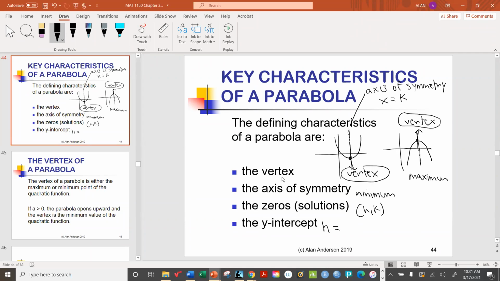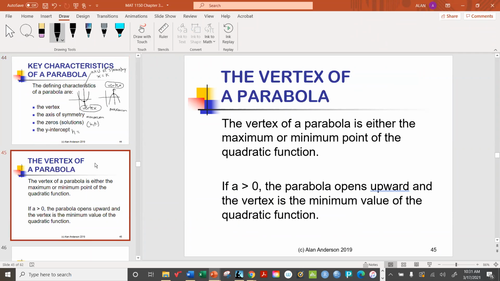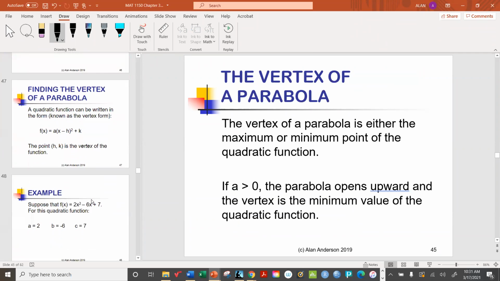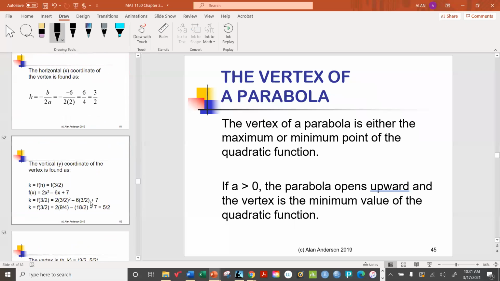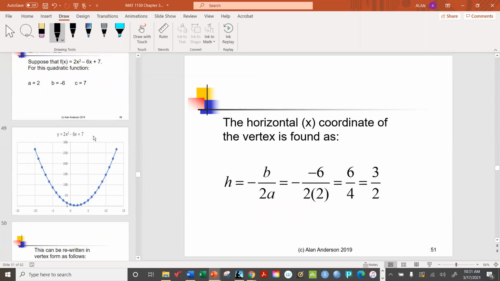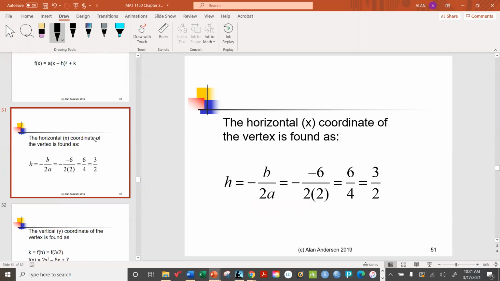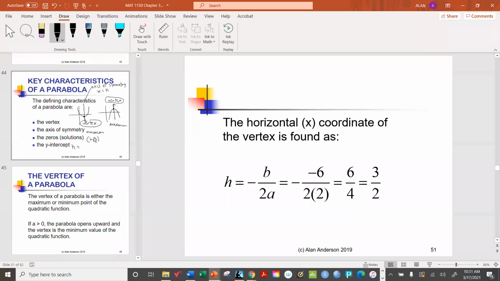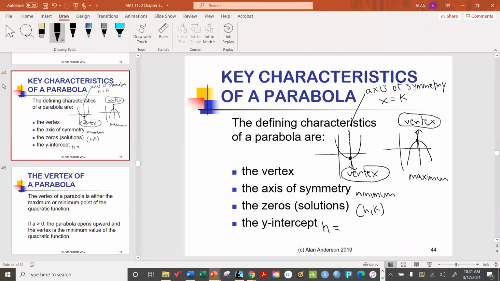The formula for h is negative b over 2a, based on the equation of the parabola, f of x equals ax squared plus bx plus c. That's where the b and the a come from.